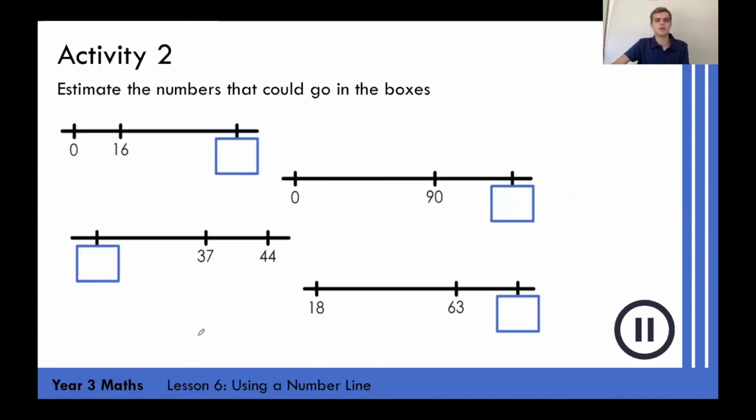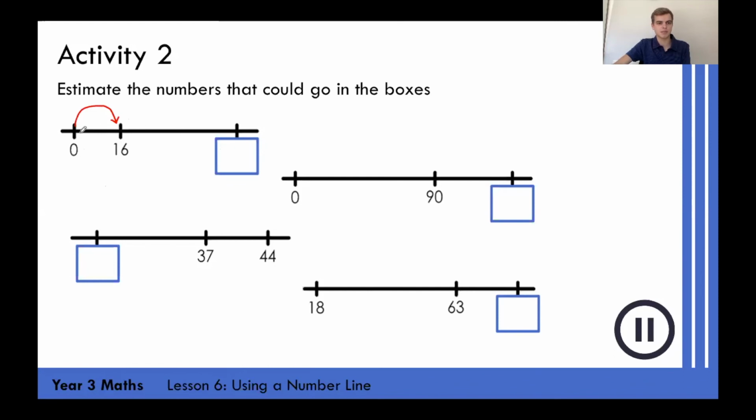Now, activity number 2 is really, really tricky, but we're going to be resilient and have a go at doing this. And it says, estimate the numbers that could go in the boxes. And again, there's no right answer, but we can make a guess from the clues that we've got here. So I'm going to work out this first box first, and I can see that this distance here, from 0 to 16, is 16.